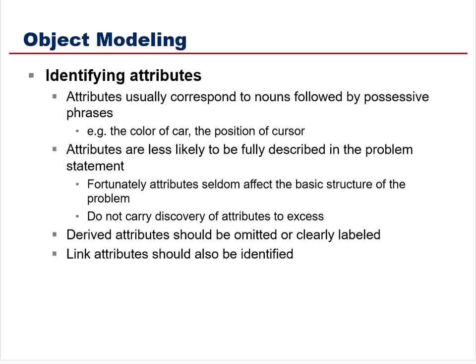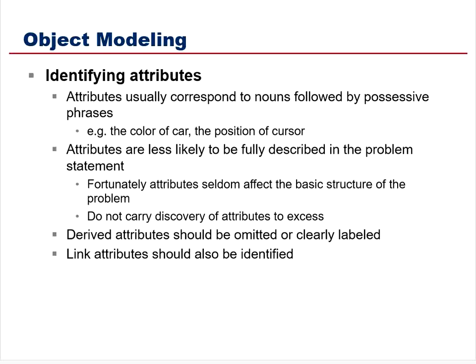With the attributes, we need to identify the derived attributes. The derived attribute should be omitted or clearly labeled. Again, one more attribute is the link attribute, which should be identified. So in this step we have to identify the attributes.